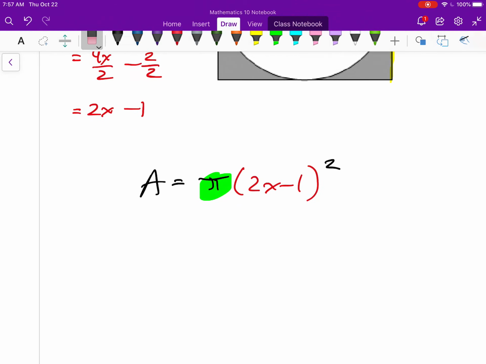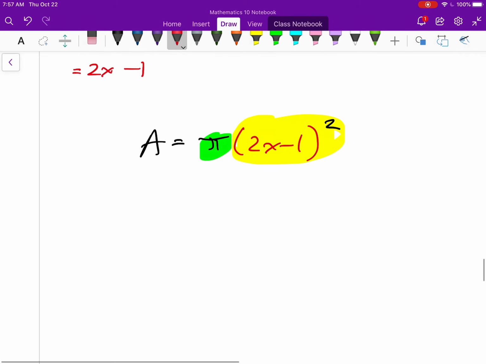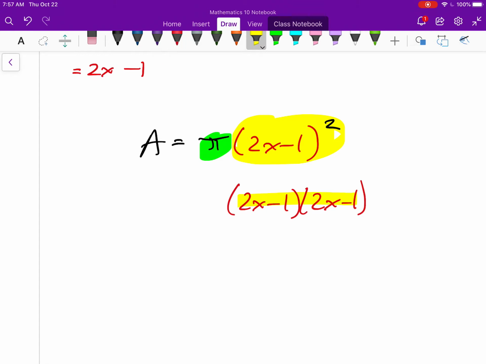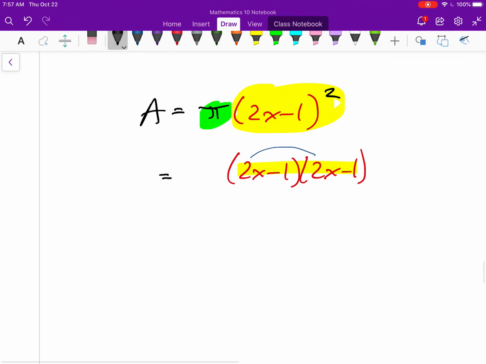In this case, what do I do here? Well, remember that we looked at something similar to this right at the beginning of this lesson. 2x minus 1 squared means 2x minus 1 times 2x minus 1. And so if I multiply this out, I have 2x times 2x, which is 4x squared.